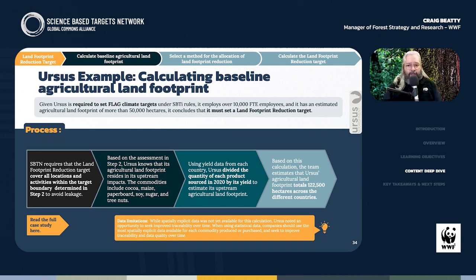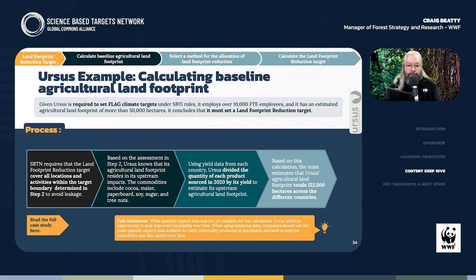URSUS understood that its business is impacting land use through its sourcing of cocoa, maize, soy, paperboard, sugar, and tree nuts. Based on Step 2 outputs, they know that their agricultural land footprint resides in their upstream impacts.